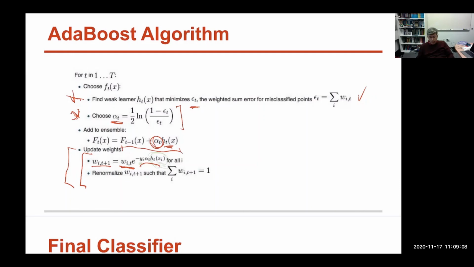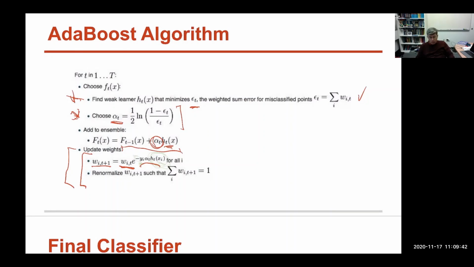If the classifier says positive and the point was negative, we've got positive times negative, and that last sign there is also negative. So it's e to a negative number. If we multiply by e to the minus something, that's going to make it smaller.